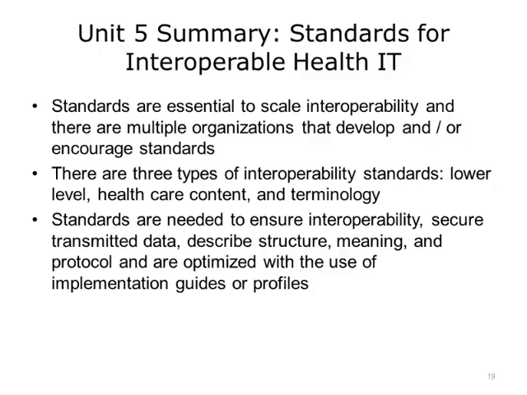The summary of this unit is that standards are essential to scale interoperability, and there are multiple organizations that develop and/or encourage standards. There are 3 types of interoperability standards: lower level, healthcare content, and terminology. Standards are needed to ensure interoperability, secure transmitted data, describe structure, meaning, and protocol, and are optimized with the use of implementation guides or profiles.